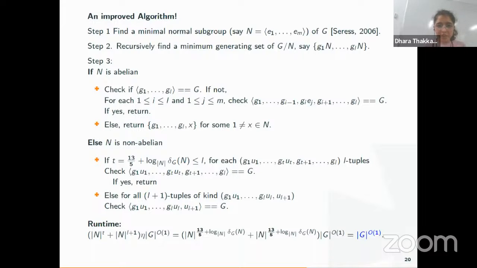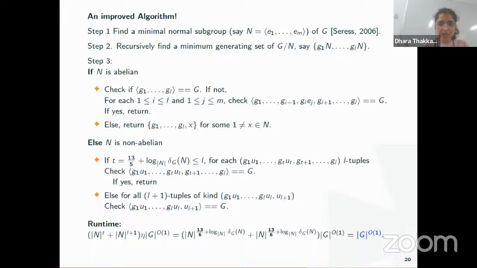Whenever we are lifting a generating set from the quotient group to the actual group, we want it to lift as a minimum generating set. So we take a minimal normal subgroup and take the quotient by it.